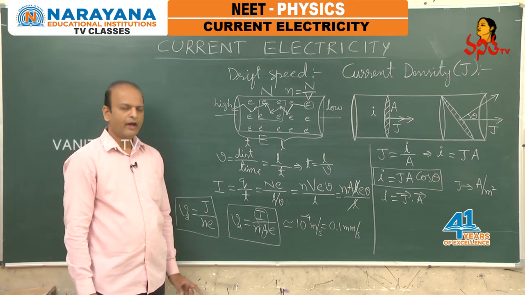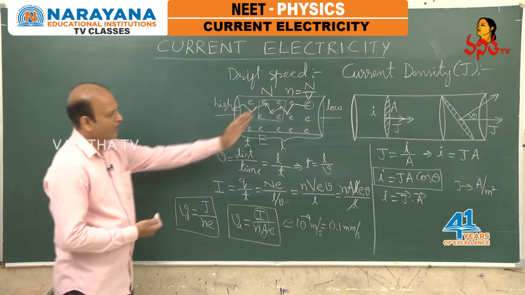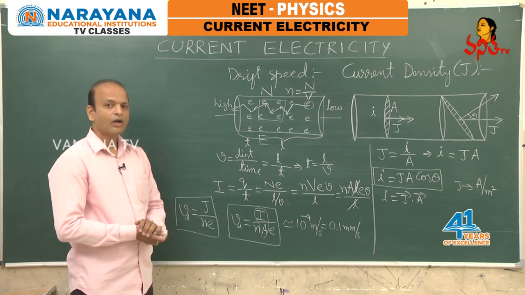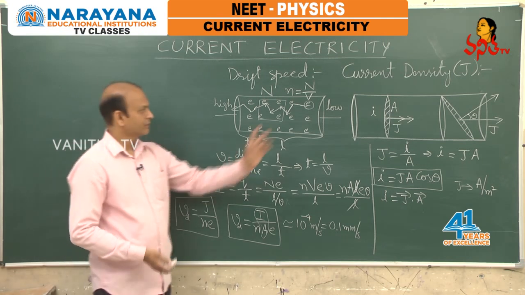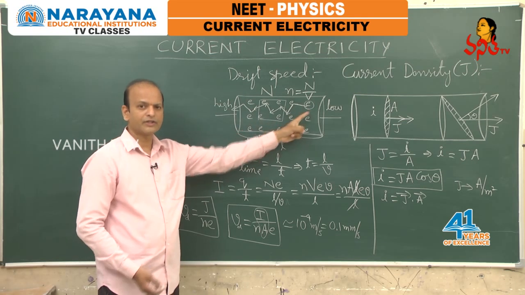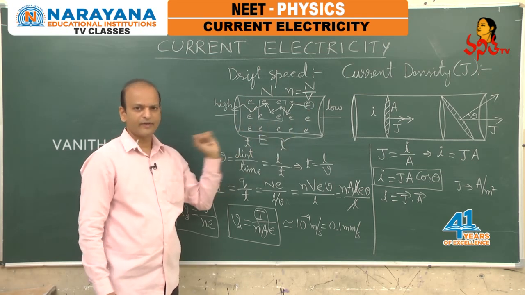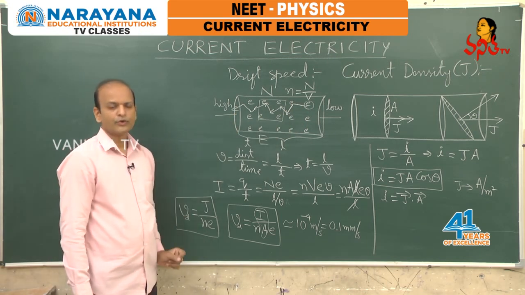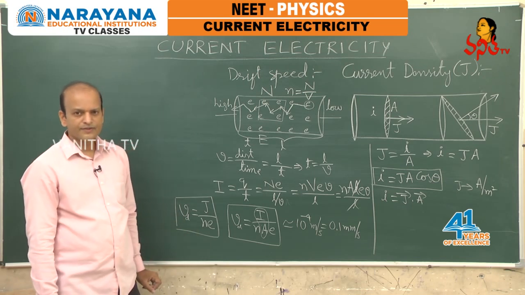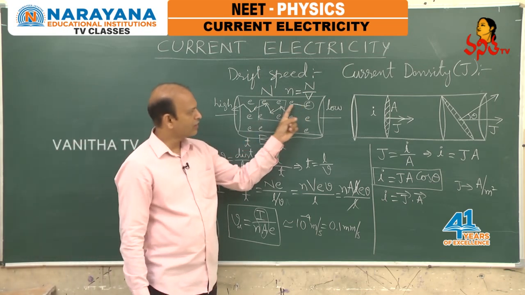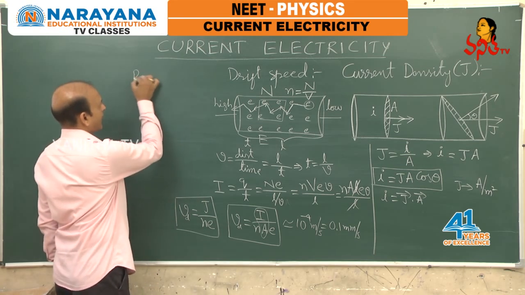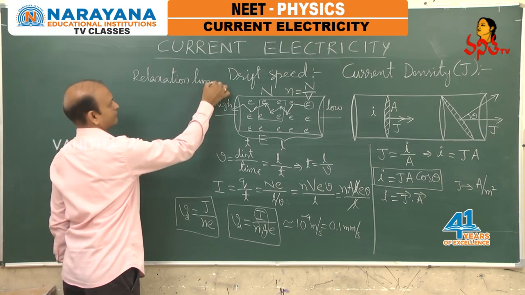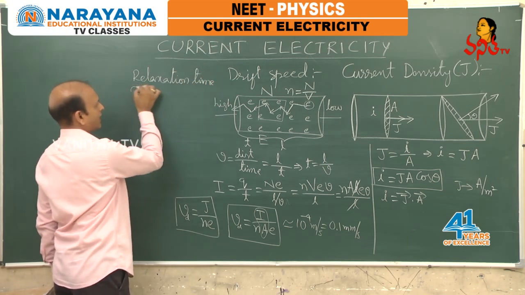Now, here whenever these electrons are moving in random directions, just like Brownian motion, the electrons will move in random directions. One electron's direction I have shown, the remaining electrons also move in the same way. Now, for these electrons, we have one term which we call relaxation time, shown by the symbol tau.